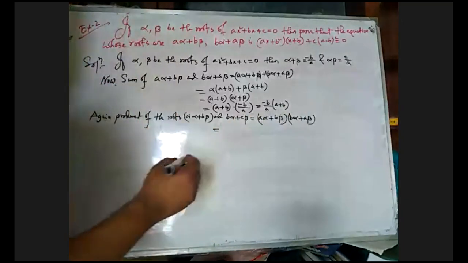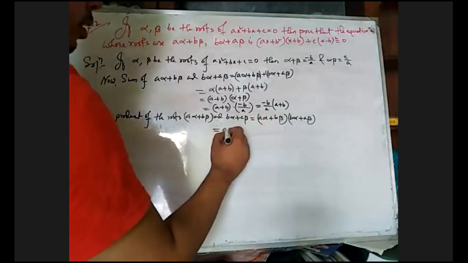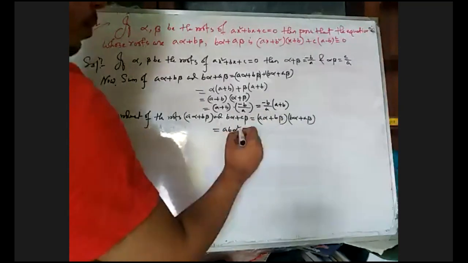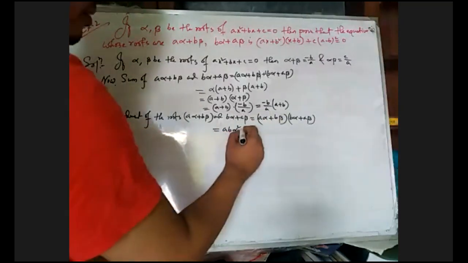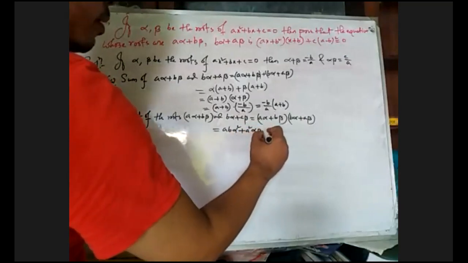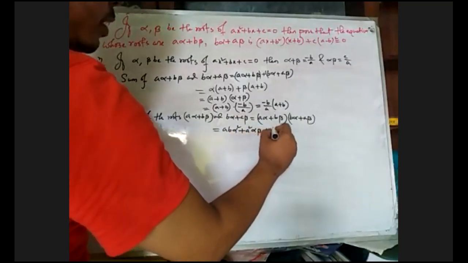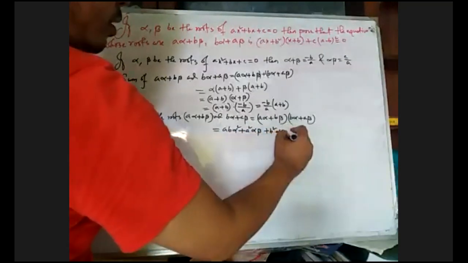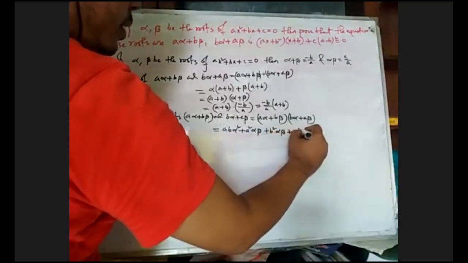Just multiplication: ab alpha square plus a square alpha beta plus b square alpha beta plus ab beta square.